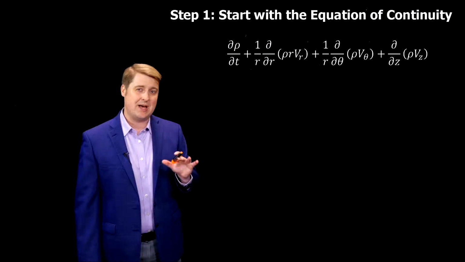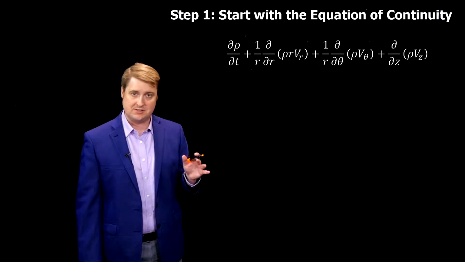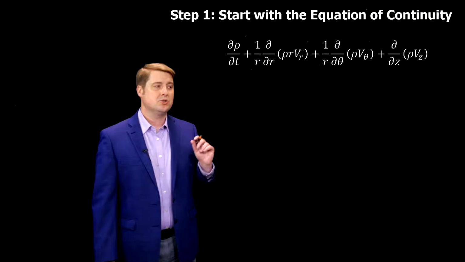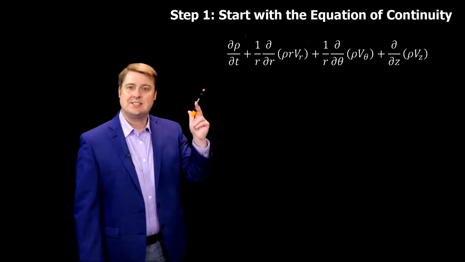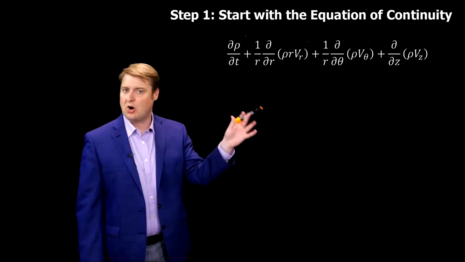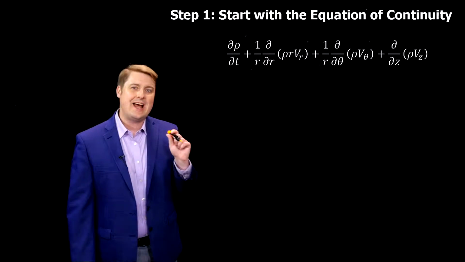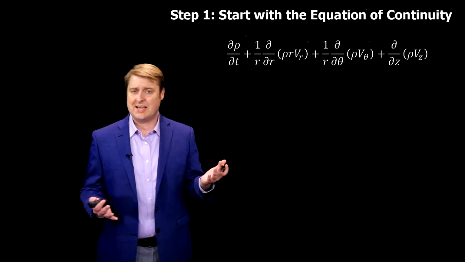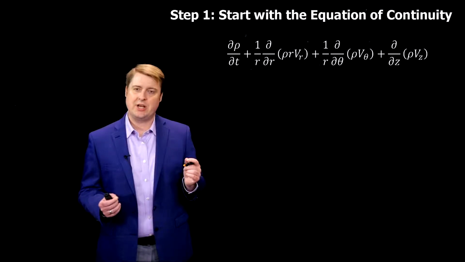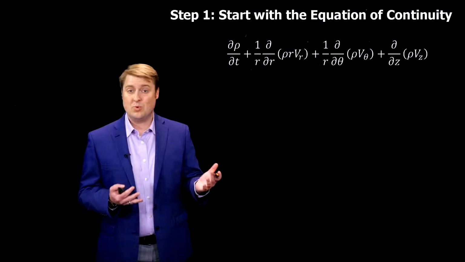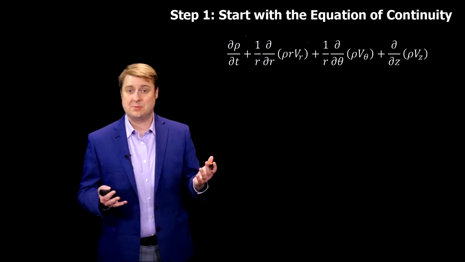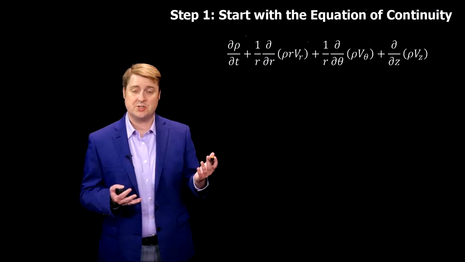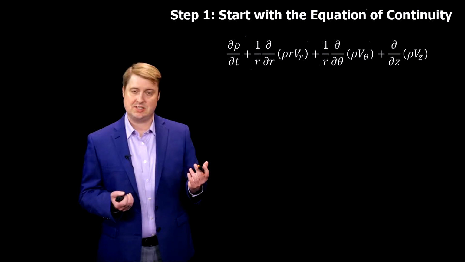This is kind of a mass balance on everything going in and out of the system, so it's a good place to start. So the first term here is density as a function of time, and these are all partial derivatives. So we need to ask ourselves, in this case, is density going to change as a function of time? Well, one of the things that we've talked about in some of the previous examples, and it holds here too, is that we're talking about a steady state system.